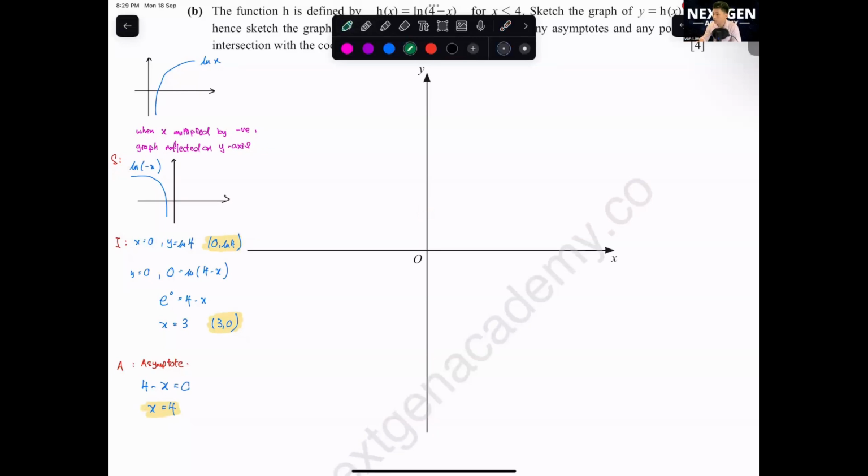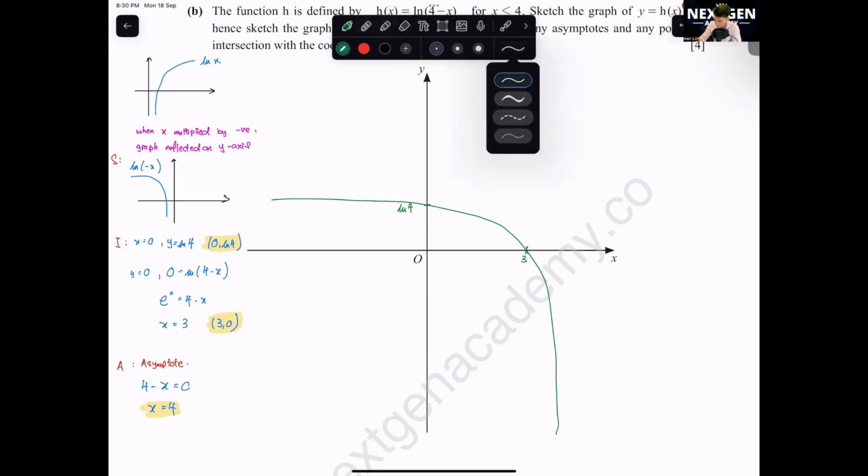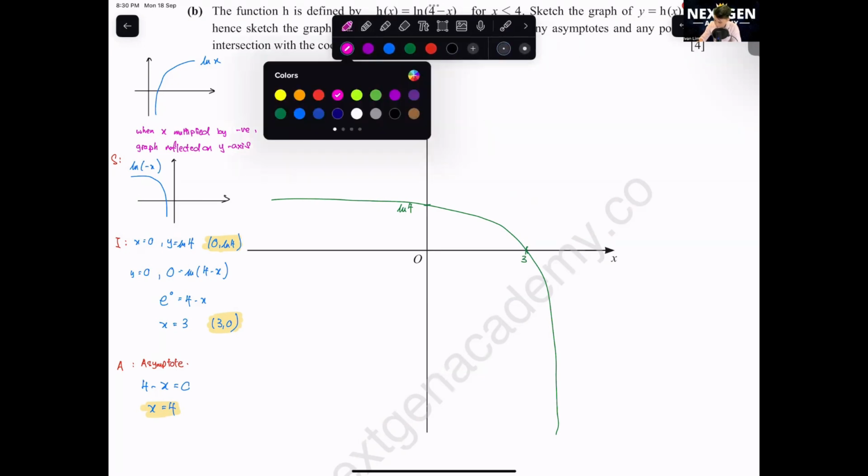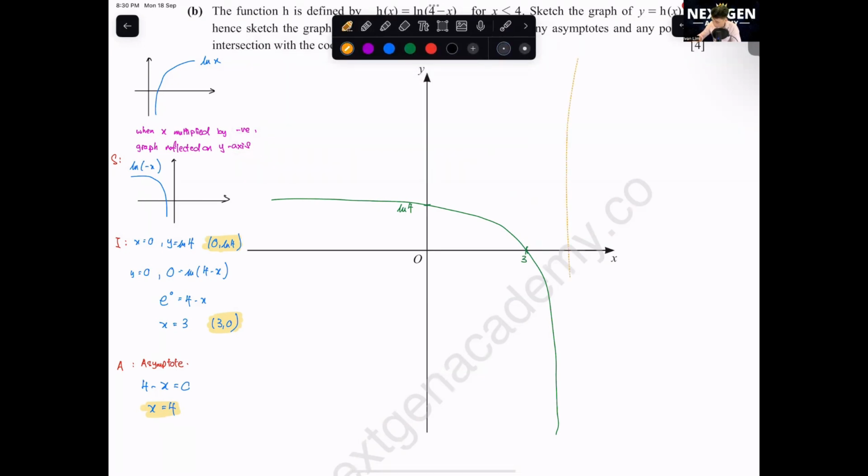So it will look something like this. Here is 3, here is ln 4. This one you all might need to adjust it a little bit. There are a few indicators that we need to do. Draw the asymptote here. Asymptote is x equals to 4.